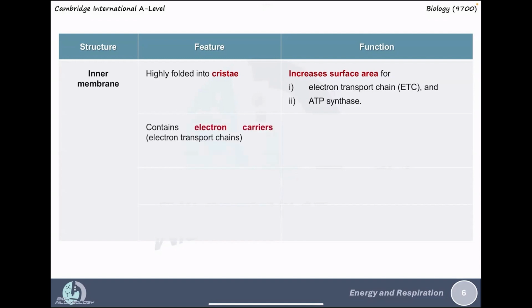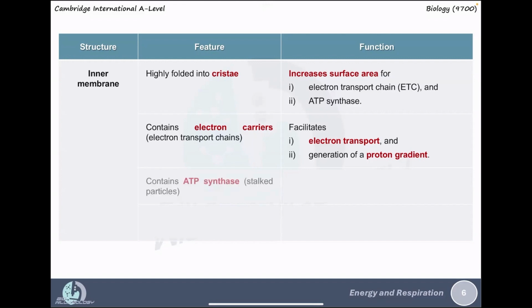On this membrane, there are electron carriers, which facilitate the electron transport as well as generate a steep proton gradient for oxidative phosphorylation. As well as the electron carriers, we can find ATP synthase, the stalked particle, on the inner membrane, which catalyzes the formation of ATP during oxidative phosphorylation.